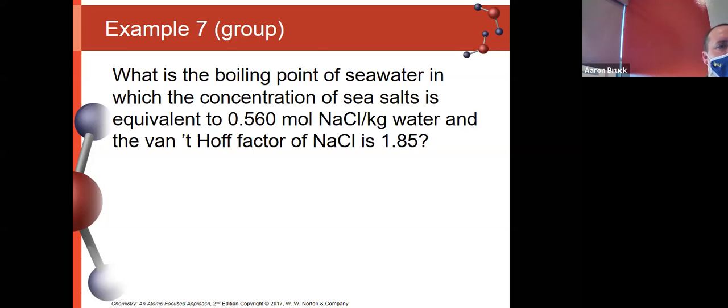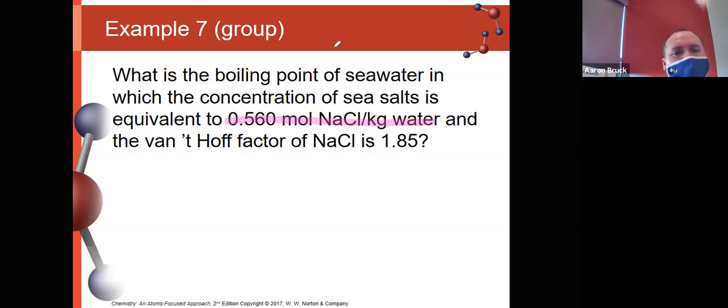So what we can draw out of this, this 0.560 moles of NaCl per kilogram, that is already a molality. We've got moles of solute per kilogram of solvent. That's molality. We also have a van't Hoff factor of 1.85.